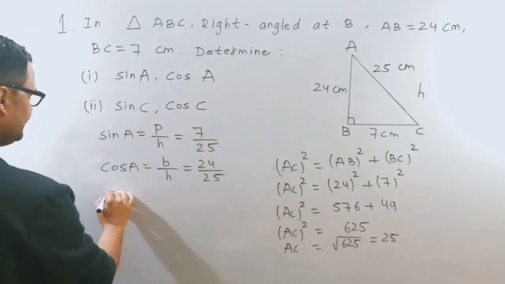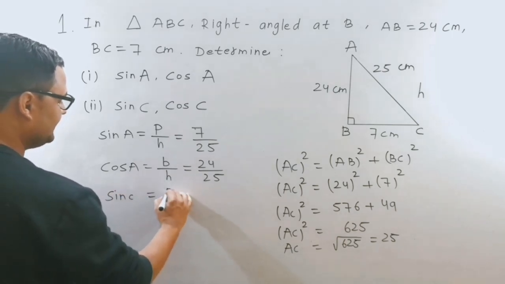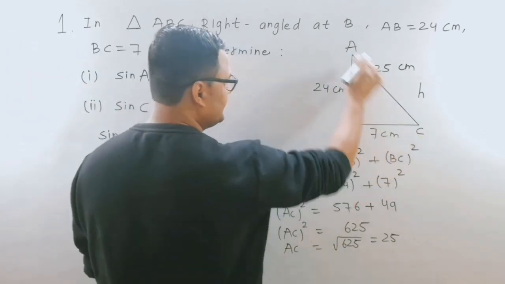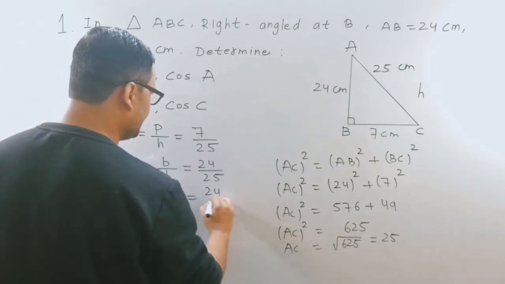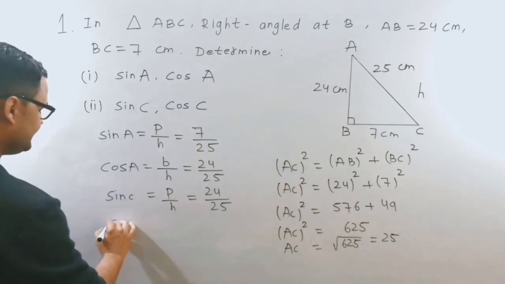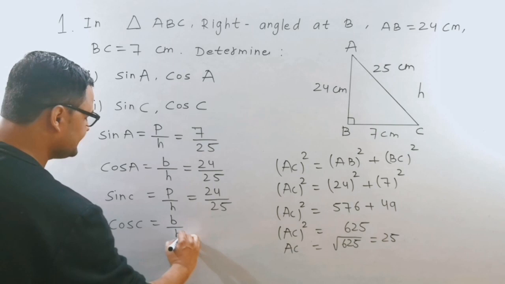Then sin C. Sin is again perpendicular by hypotenuse. Now for this angle C, AB is the perpendicular. It means 24 divided by 25. Then cos C, that is base by hypotenuse.